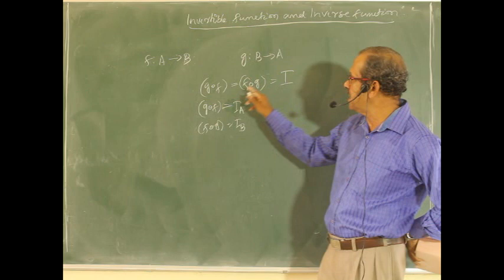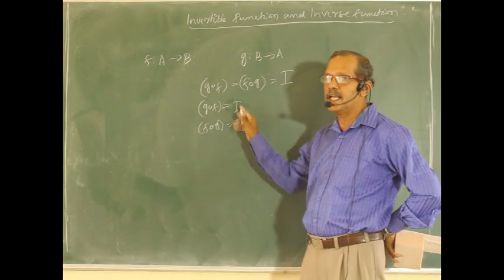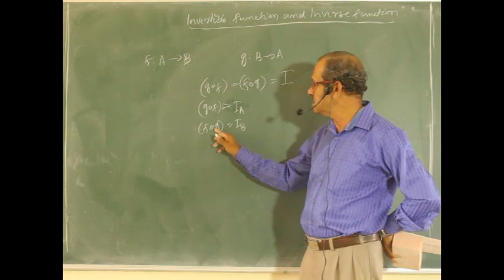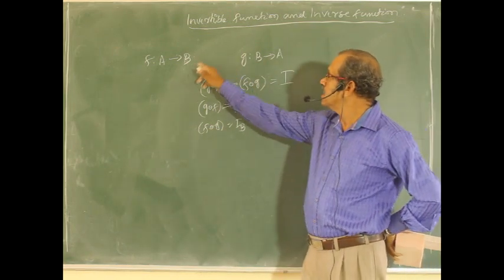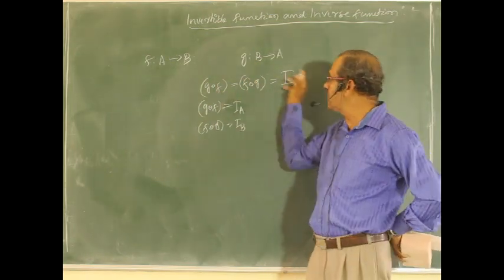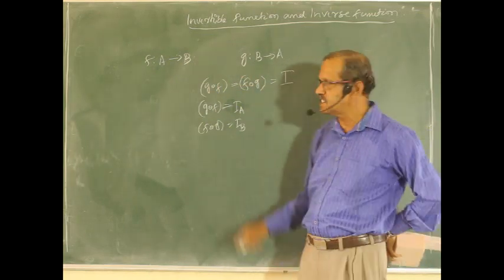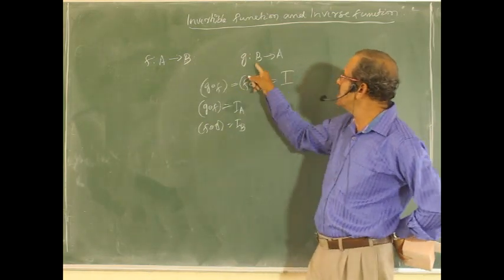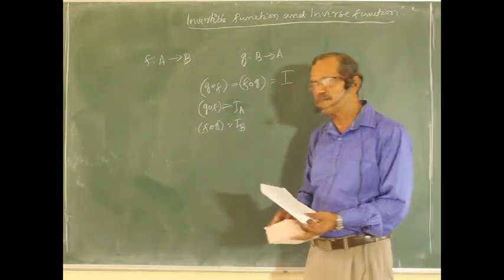Since it is particularly defined in the set, I have given g composite f as IA and f composite g as IB. So totally, the composite function of g and f or f and g should be identity. This is the definition for the invertible function, and here g is called the inverse of the function f, or f is the inverse of the function g.